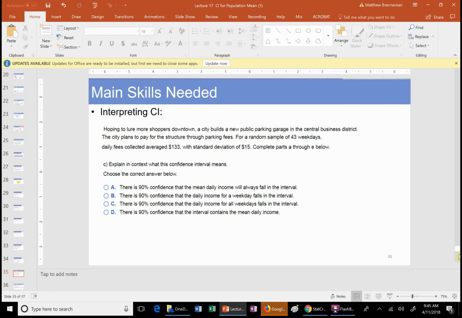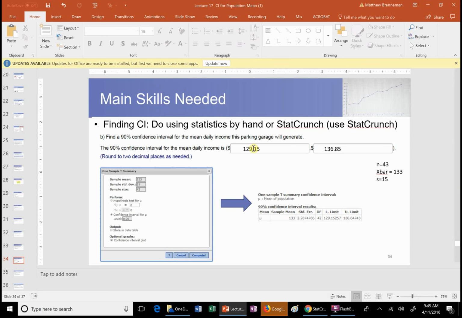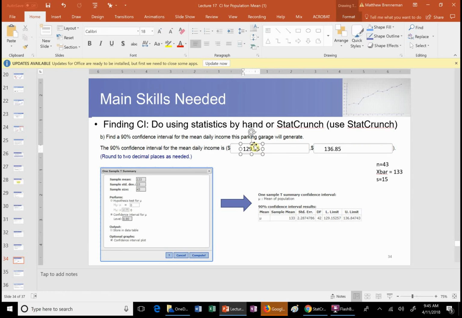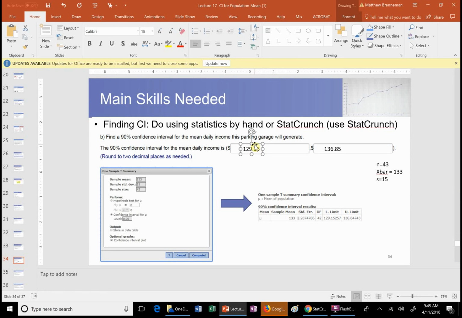Okay, so now we have to interpret it. Hoping to lure more shoppers downtown, so we know the problem statement. Explain in context what this confidence interval means. And I want to go through all of these to pick out what's wrong, explain what's wrong. I want to remember that this is the interval, okay? So this is the interval 129.15 to 136.85.